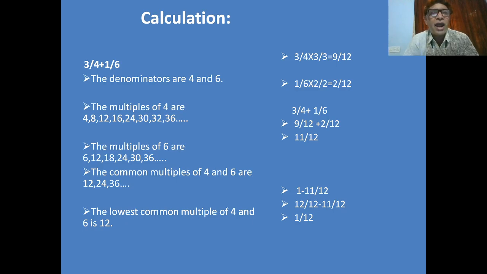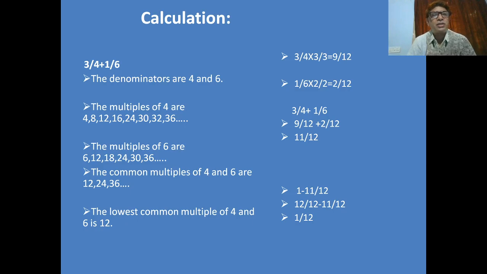So when you add 1/6 to 3/4, how do we add fractions? We add fractions by taking the LCM of the denominators first. So what are the denominators here? 4 and 6. So here I have chosen the process of calculating LCM with the help of multiples, because the numbers are very small numbers.